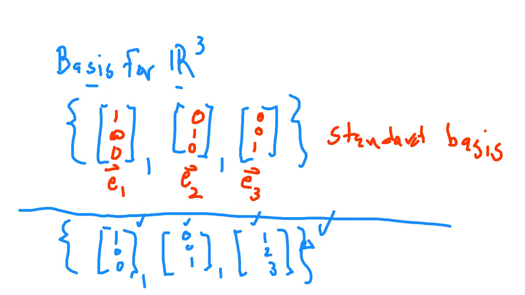Now, one way you could show this is you could create a matrix A. You could do row operations on the matrix, and I'm thinking about the invertible matrix theorem.